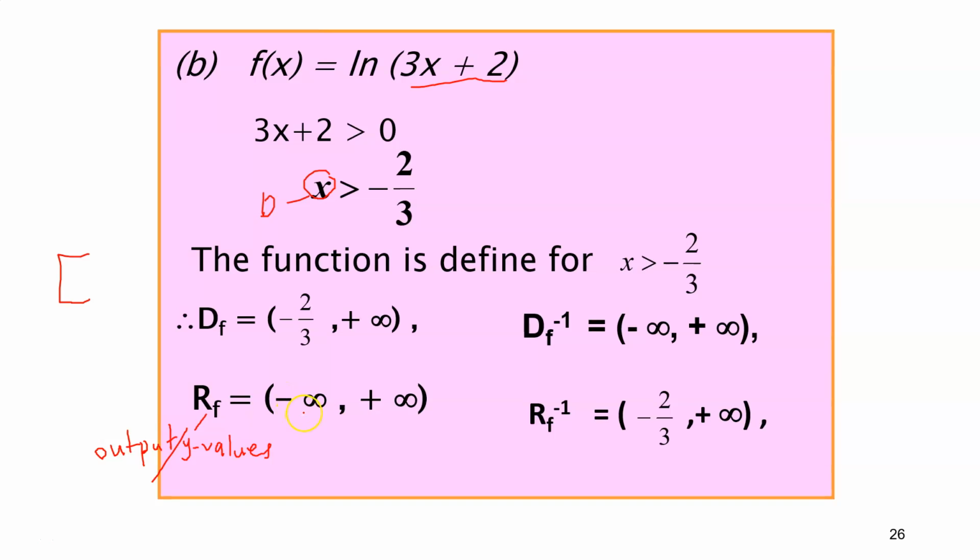So the range will be from negative infinity until positive infinity. So how do you determine your domain and range for inverse function? You just terbalikkan dia saja. So for domain untuk inverse function, you take this one. And for range, you ambil yang domain. Dia terbalik saja.